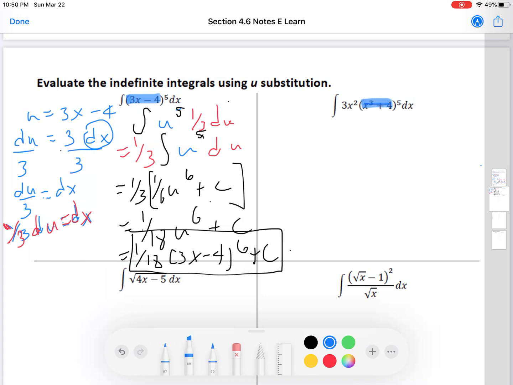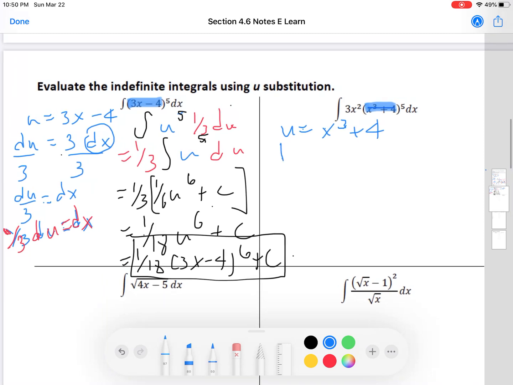So this x cubed plus 4 is a pretty good candidate for my u. And there's going to be something really cool that happens with this one. So u is equal to x cubed plus 4. And then our du is 3x squared dx.